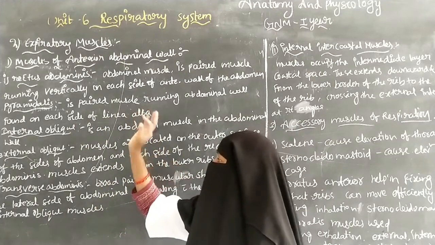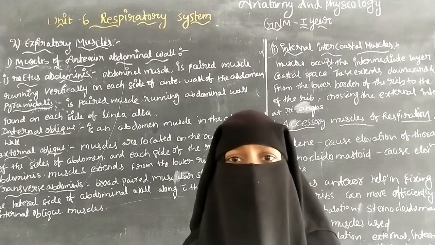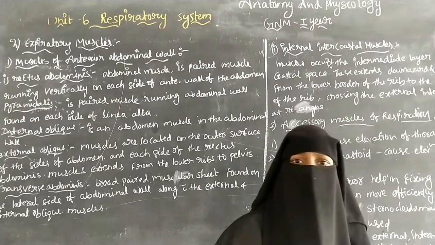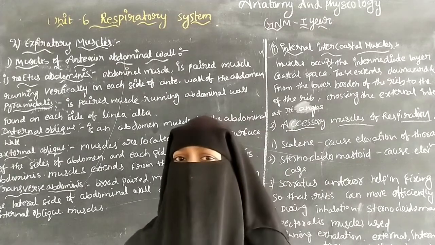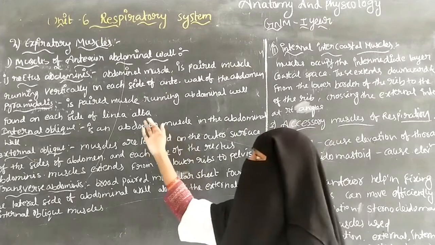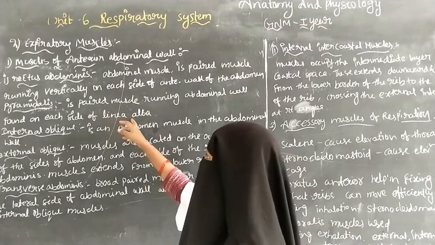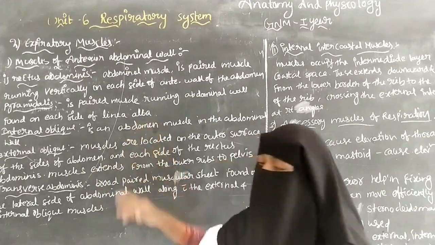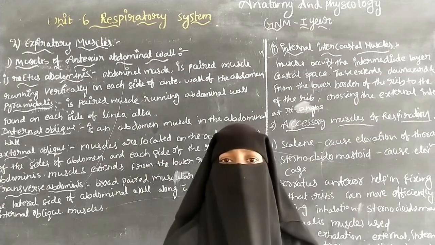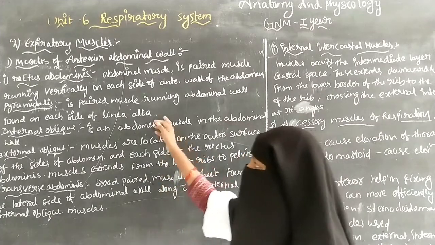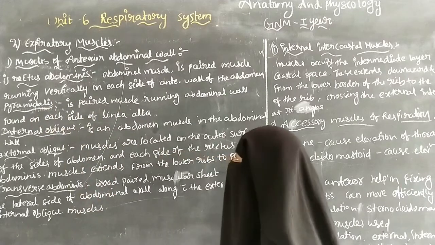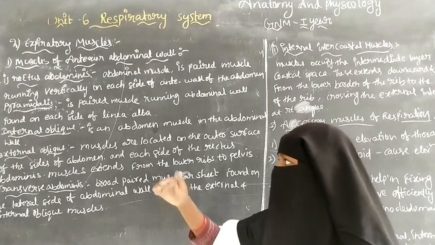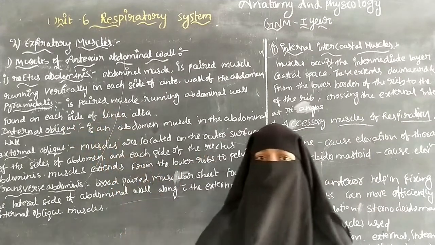The linea alba starts from the tip of the xiphoid process of the sternum. The xiphoid process is the end part of the sternum. So the Pyramidalis is a paired muscle running anteriorly through the abdominal wall, found on each side of the linea alba.